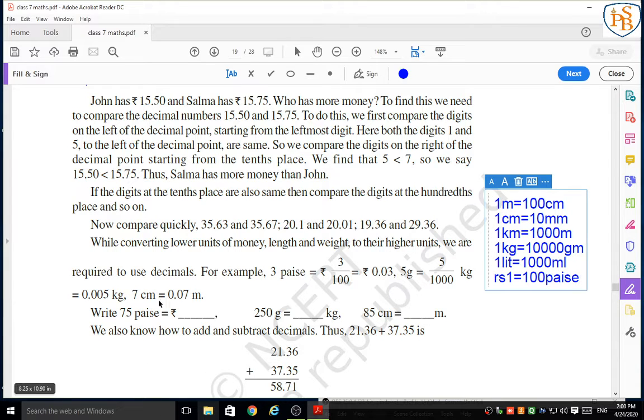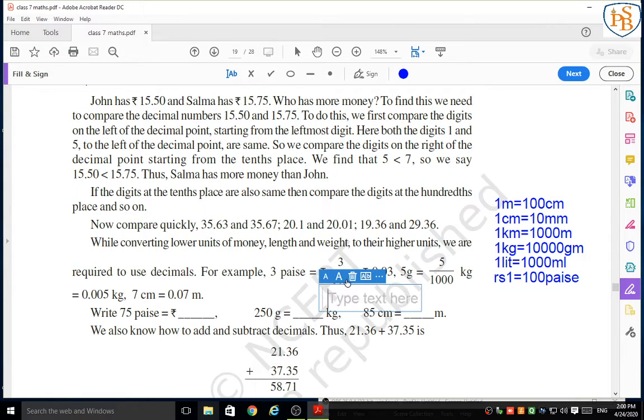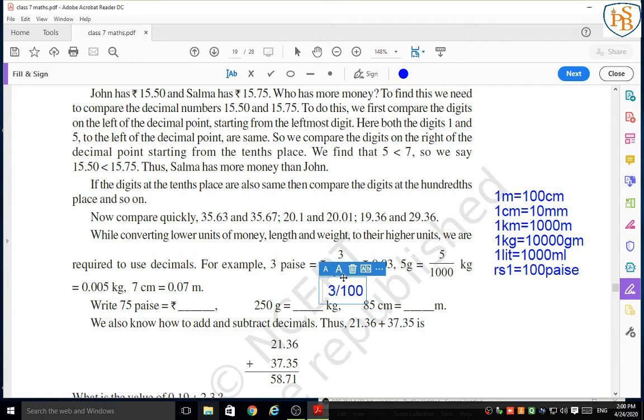Now look here. For example, 3 paise. 1 rupee is 100 paise, so we have to divide this 3 by 100. So my answer is 3 upon 100. Now look carefully. While writing it, I will write directly this 3. Now how many zeros are there at the denominator place? 2 zeros.